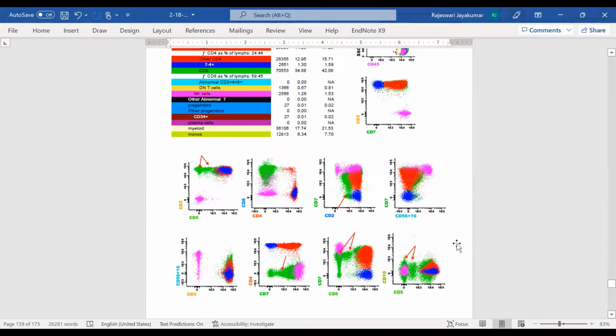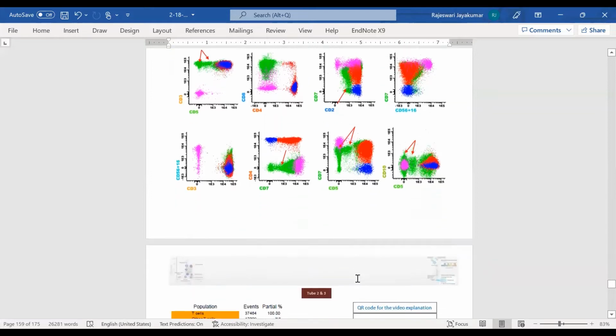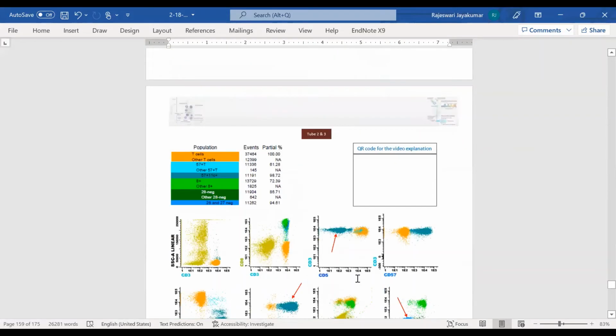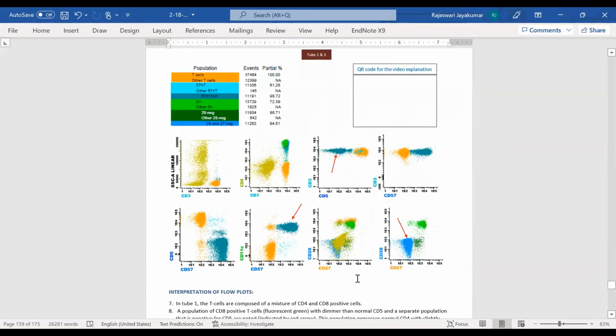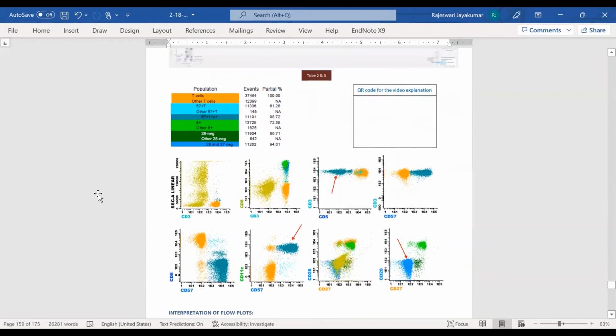And again, these are similar plots in different combinations, and these cells are negative for CD10. So if we get something like this, most labs will add another tube, which is called the LGL tube, or the large granular lymphocyte tube, which has additional markers like CD57, CD11c, CD27, and CD28. Some labs will also have 16 and 56 in these tubes to analyze different combinations.